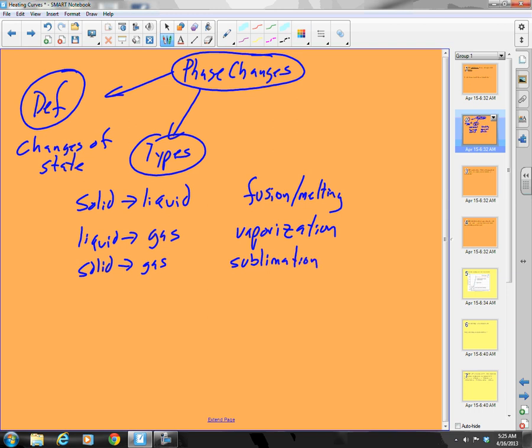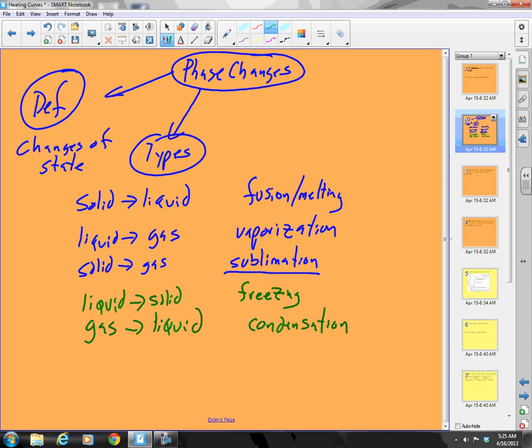Got it? And you guys are familiar with solid to gas: dry ice. When you buy some dry ice, it goes from the ice form to the gas form. That is sublimation. Good. And then I can go the other directions. I can go from a liquid to a solid, and we call that freezing. I can go from a gas to a liquid, and that is called condensation.